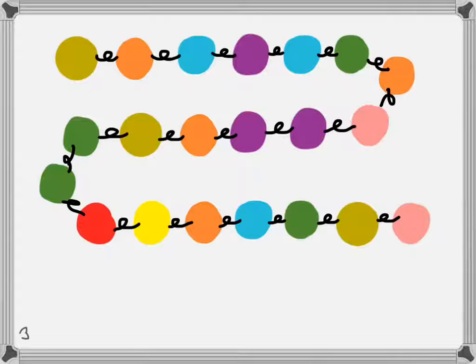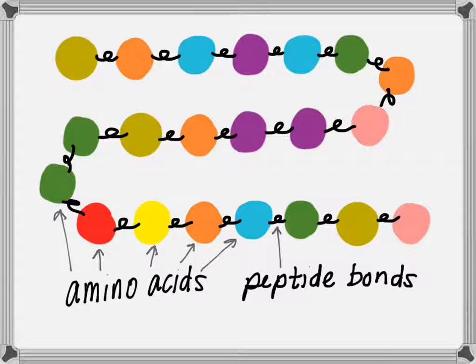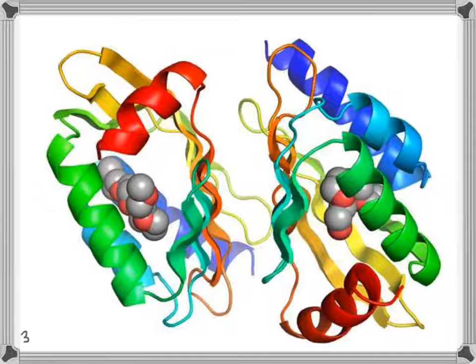Proteins are long molecules. They're made up of smaller building blocks called amino acids. And that would be these little guys. The amino acids are joined by peptide bonds into long chains, and then they're folded. And they are folded in strange and amazing ways.